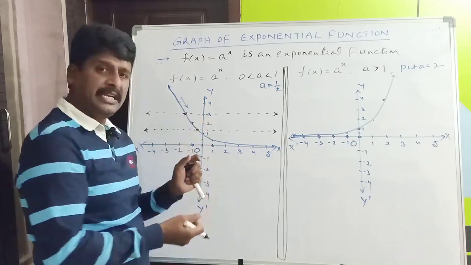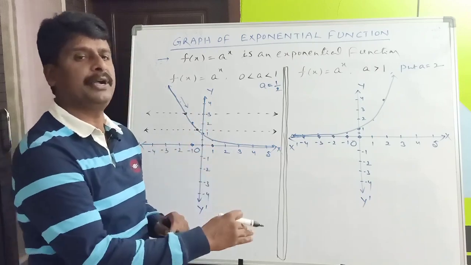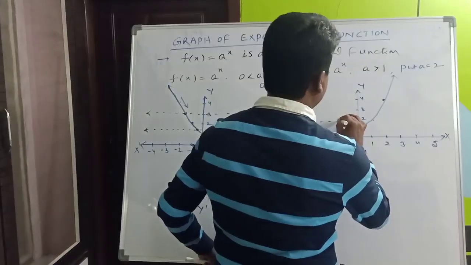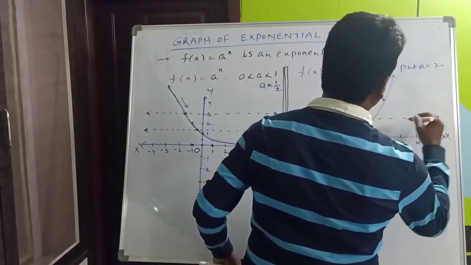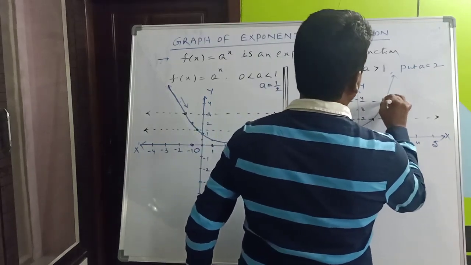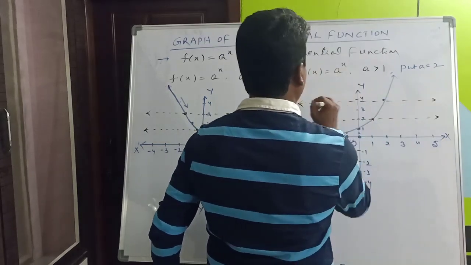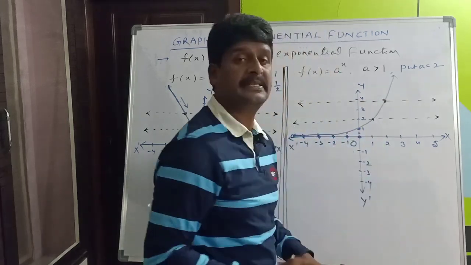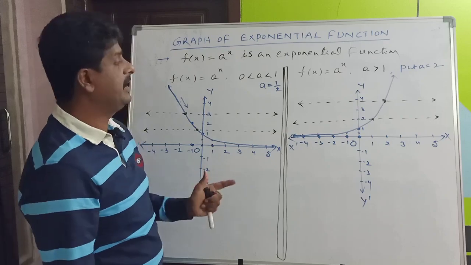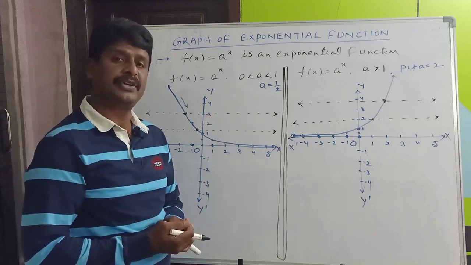If it intersects the graph at more than 1 point, it is not 1-1. Observe that even in this case also, if we draw a line parallel to the x-axis, it intersects the graph at only 1 point. Whichever line you draw parallel to the x-axis intersects the graph at only 1 point. That's why it is always a 1-1 function.